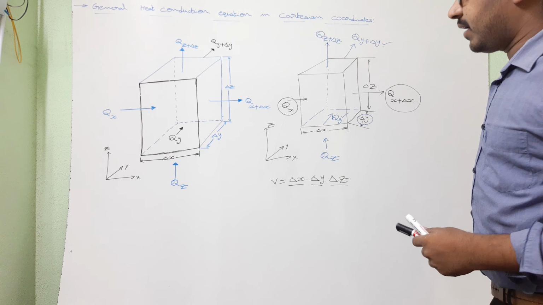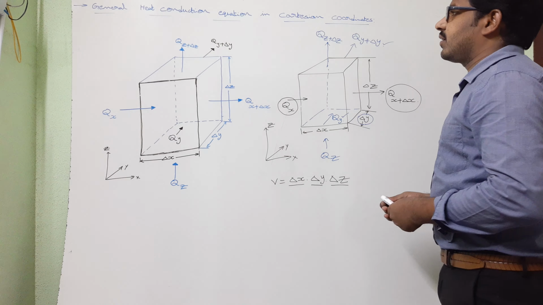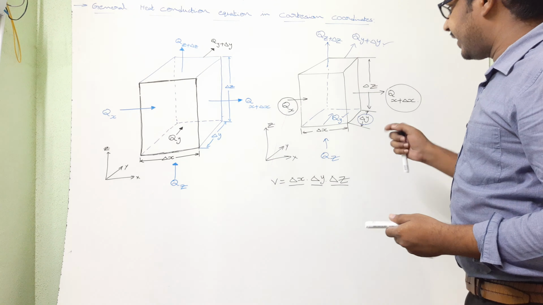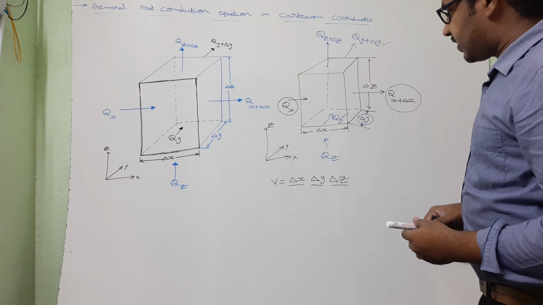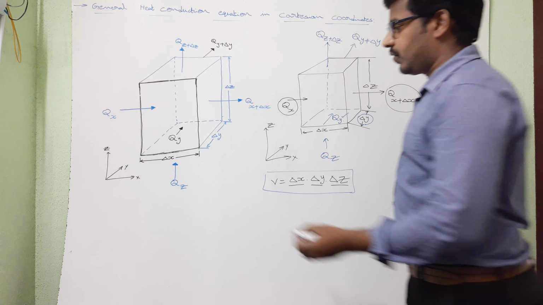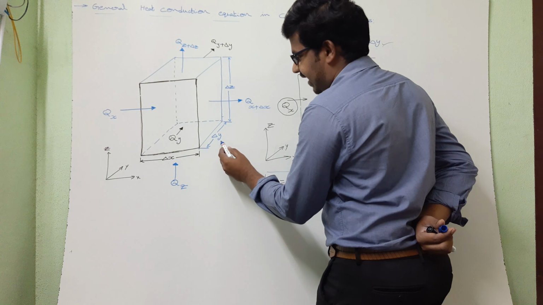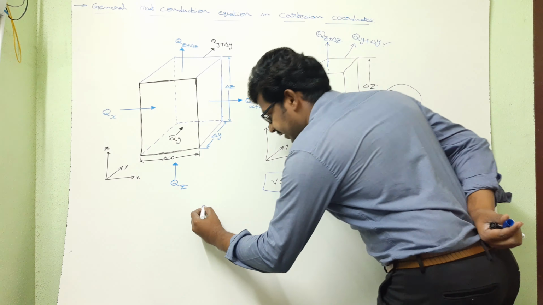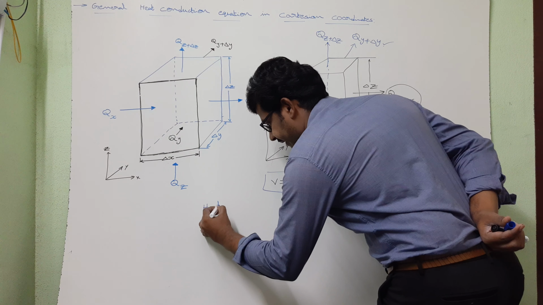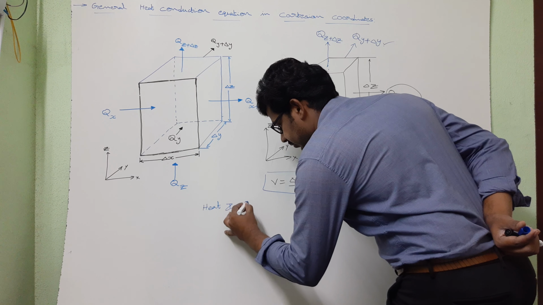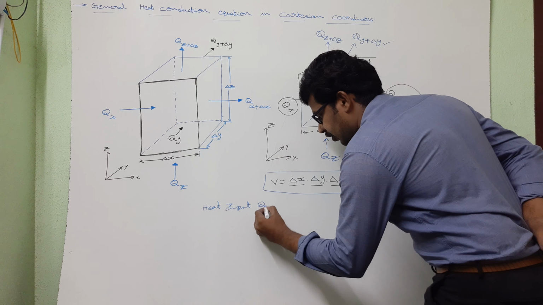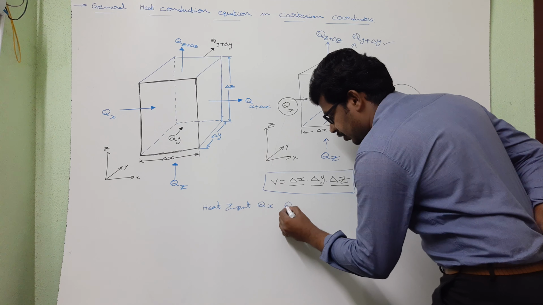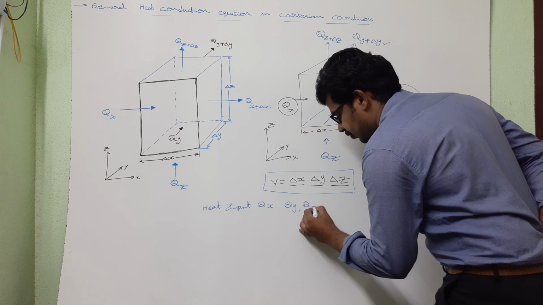Now we can explain all these equations. First of all, we need to write the volume of the Cartesian coordinate system: V equal to delta x, delta y and delta z. Heat input is qx, qy, qz.